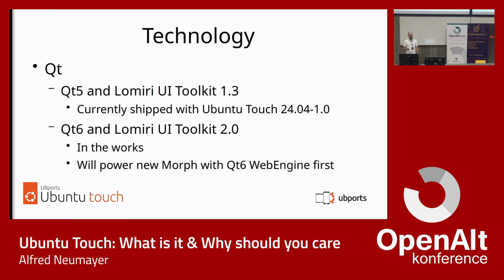So we have to get our act together and get stuff done so that Qt 6 web engine also works properly. We have an initial demo on the Open Store, which you can download, but it's not finished yet.